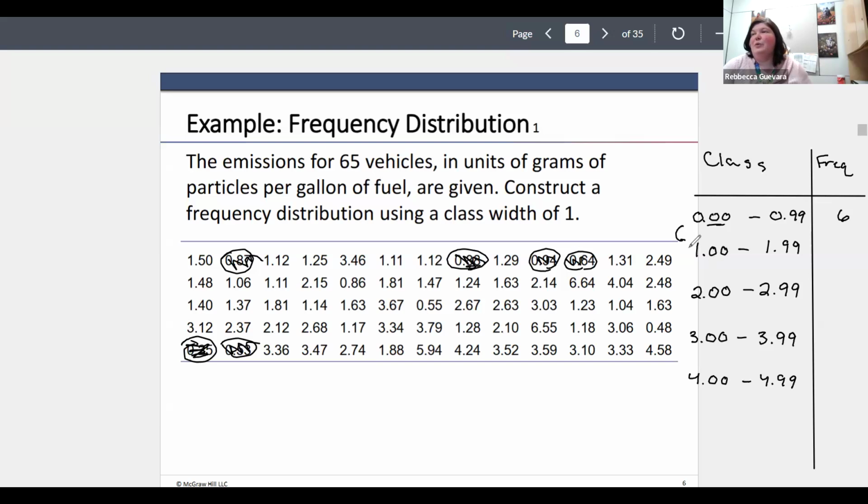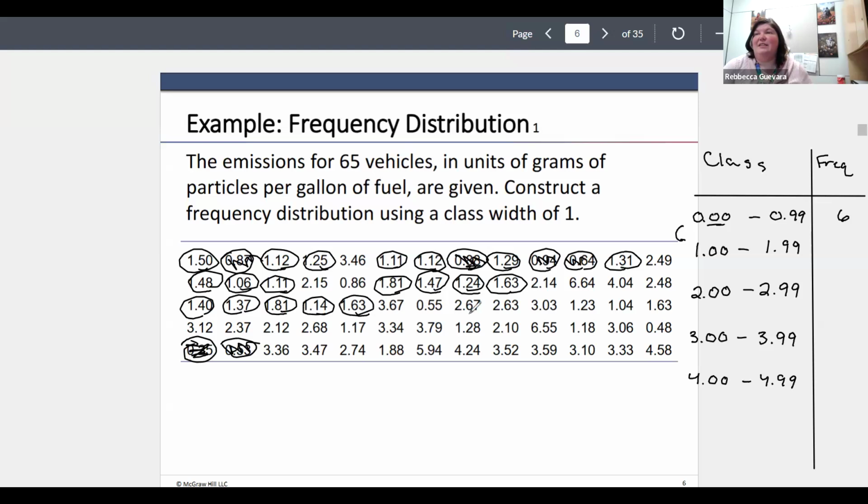I need all numbers that are between 1.00 and 1.99. So we get 1, 2, 3, 4, 5, 6, 7, 8, 9, 10, 11, 12, 13, 14, 15, 16, 17, 18, 19, 20, 21, 22, 23, 24, 25, 26, I think 26.